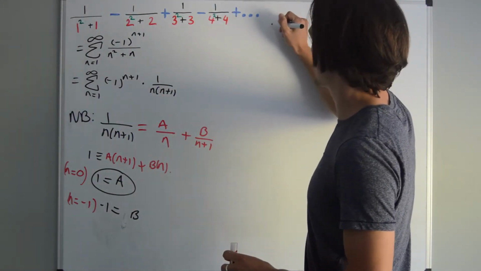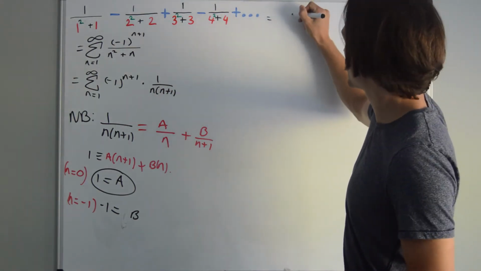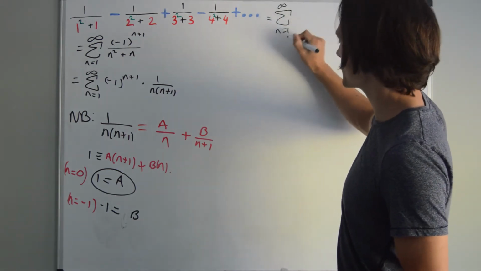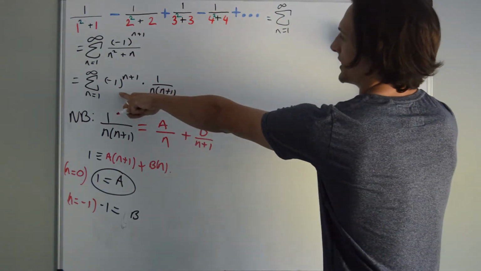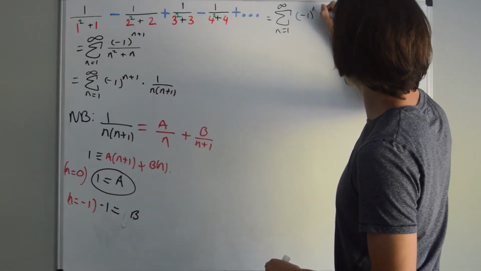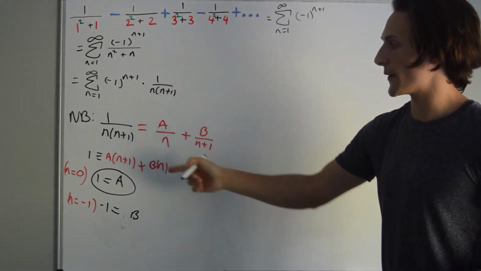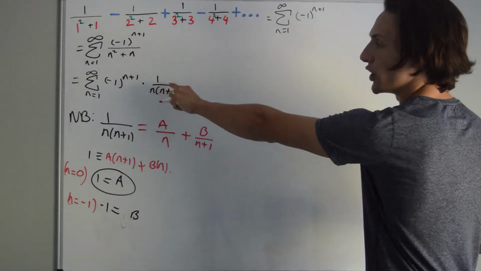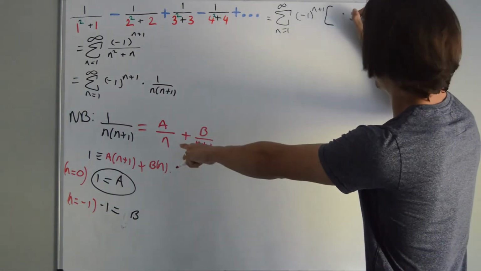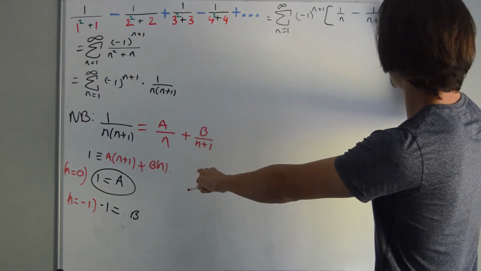Okay, so what do we have? This series is equal to the infinite sum from n equals 1, and we still have this part, but now we're going to plug in what we just found. So instead of writing 1 over n times n plus 1, we're going to write 1 over n minus 1 over n plus 1.